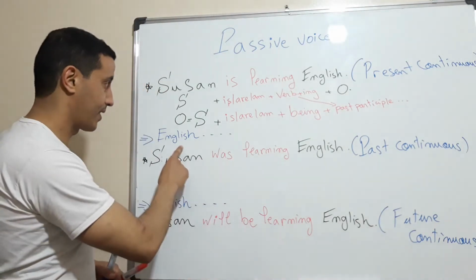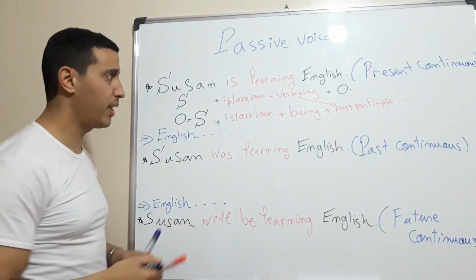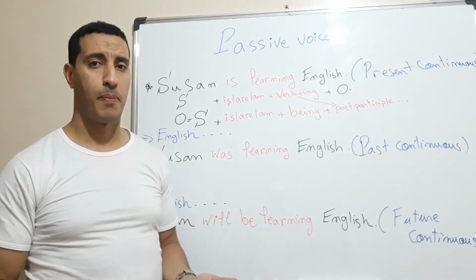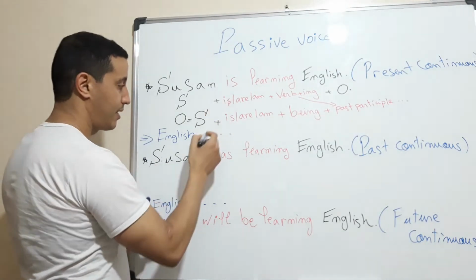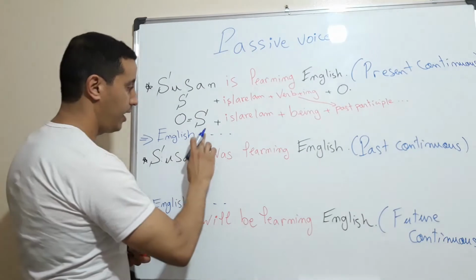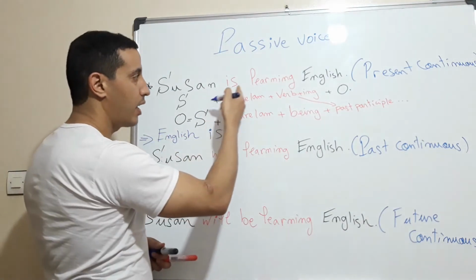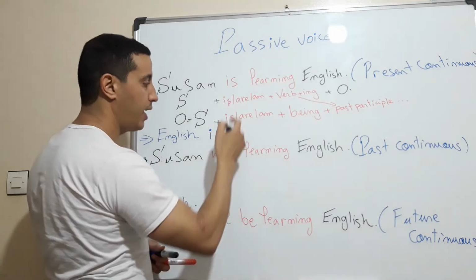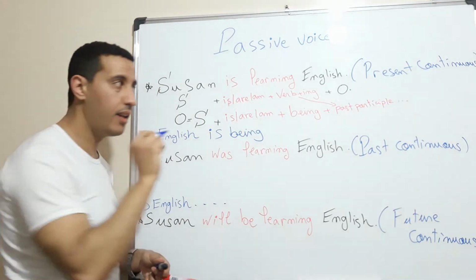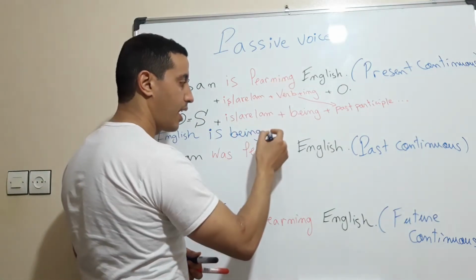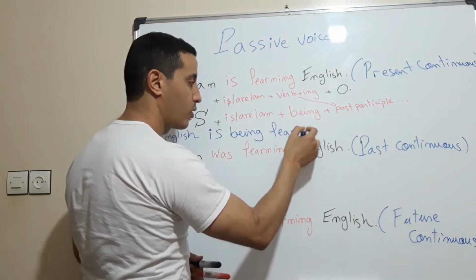So let's change the sentence. Susan is learning English. Can you help me to change the sentence? Okay? Yes, good. So English is, okay? English is, here we have ing, so we put being here, is being, and then learning becomes past participle, which is learned or learnt.